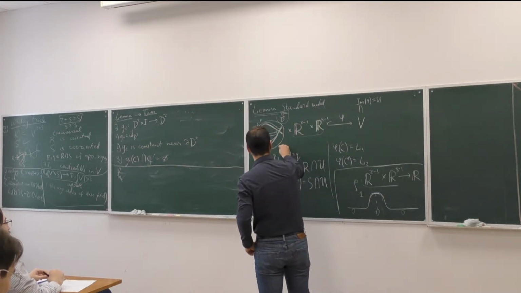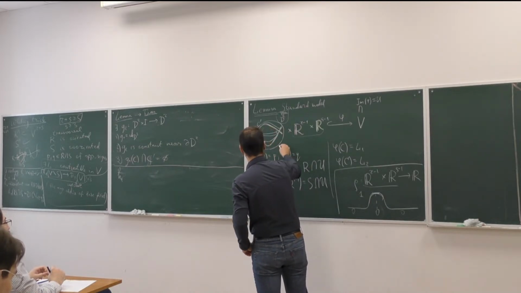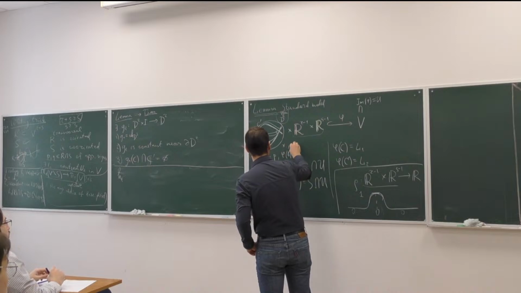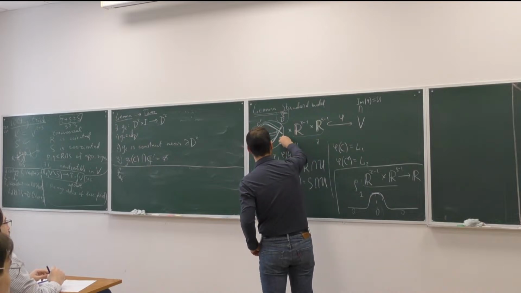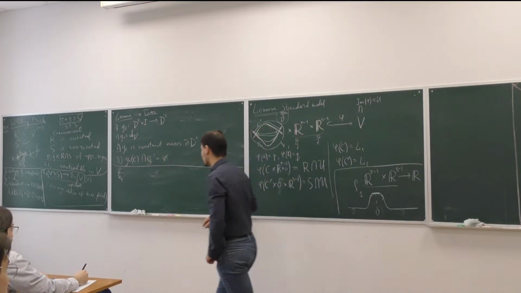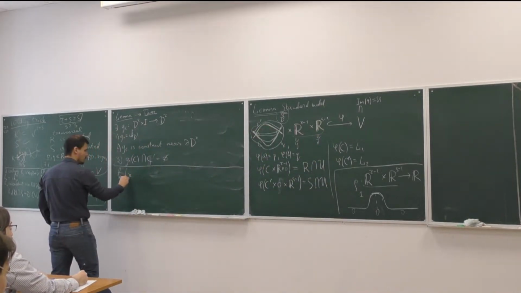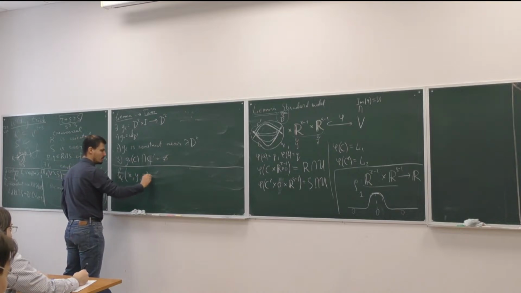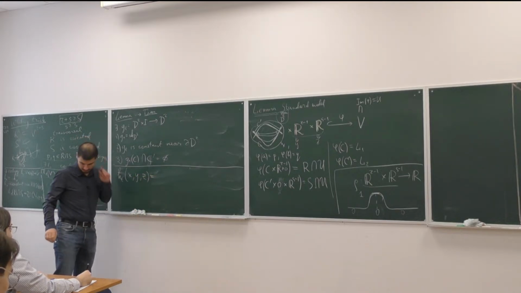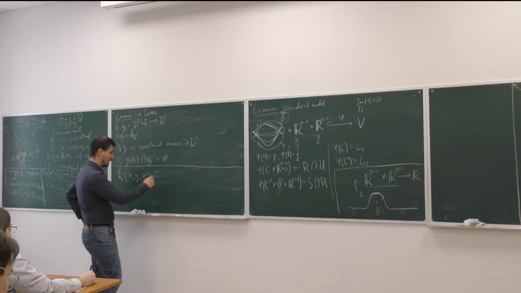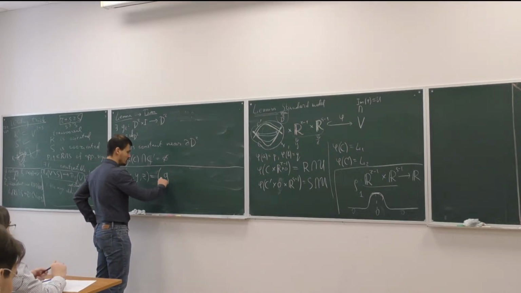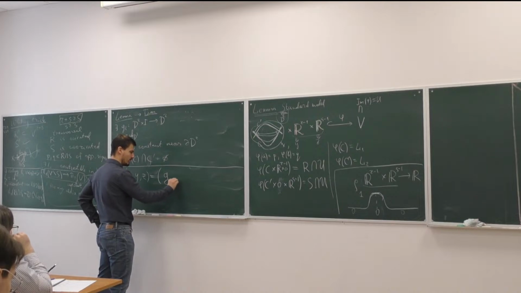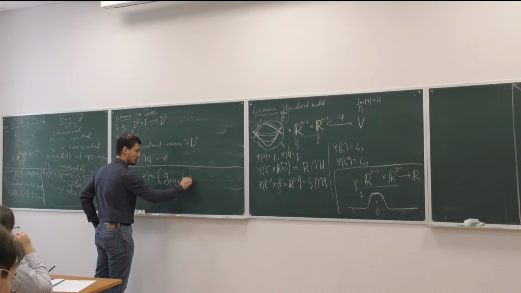Any point in this coordinate neighborhood is a triple x, y, z. It is written like that: I put here G with rho of y, z, applied to x, y, z.